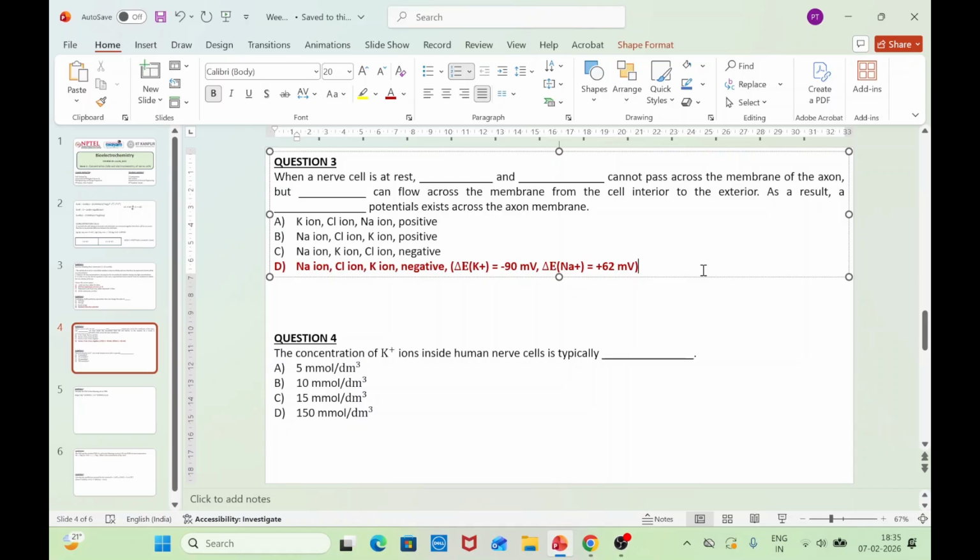So two reasons. When the nerve cell is at rest, the axon membrane usually has channels in it, and these channels help in the diffusion of ions. When the nerve cell is at rest, the channels open up for the K plus ions.